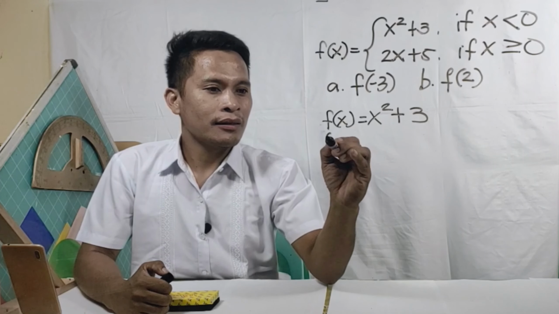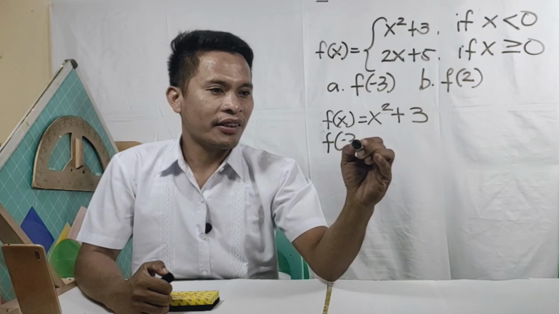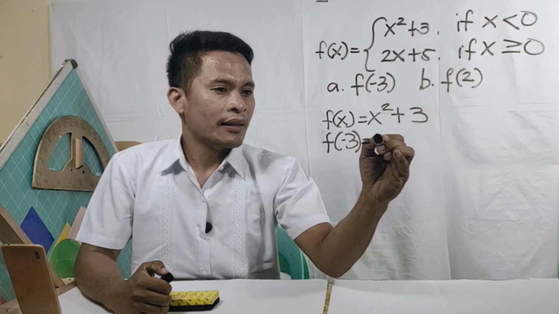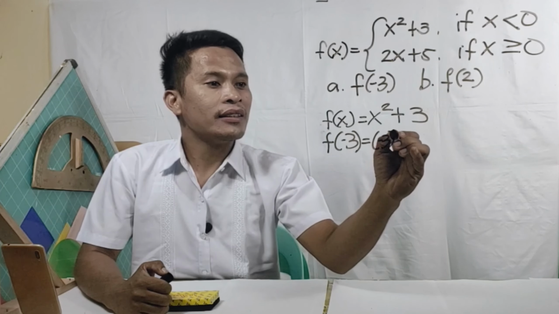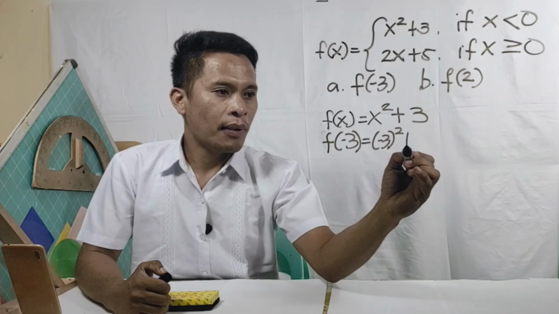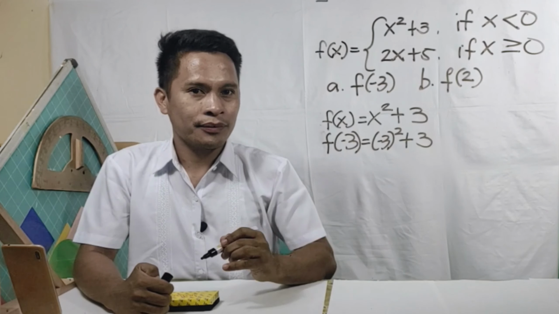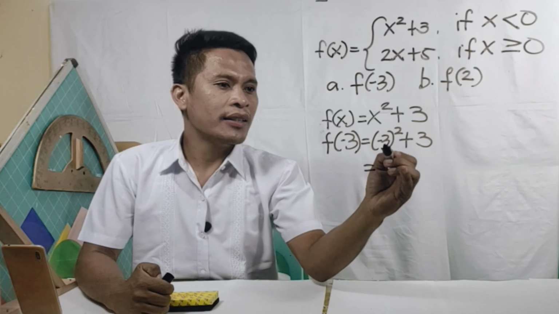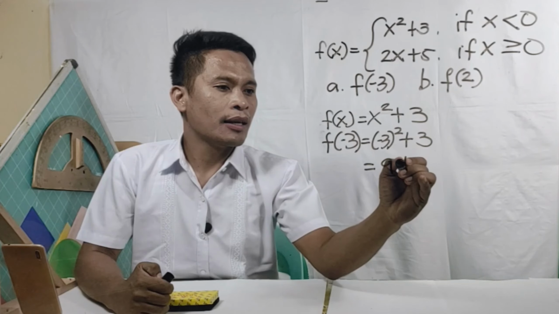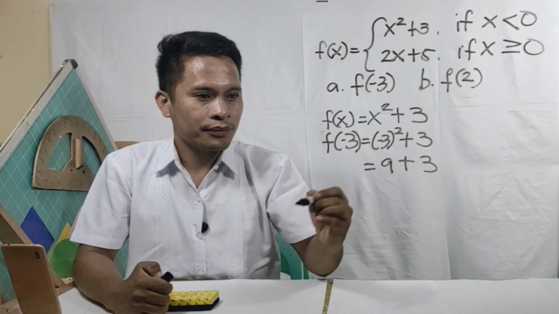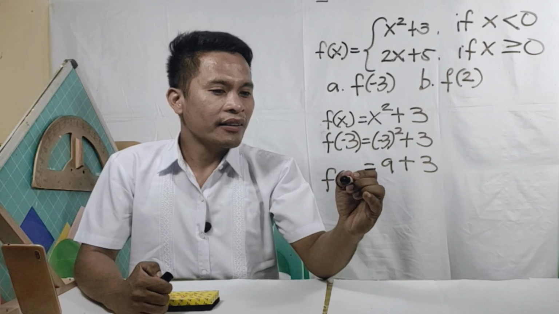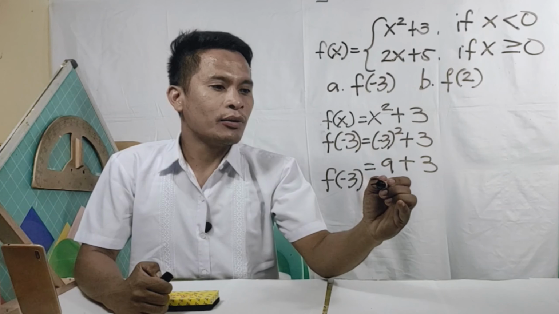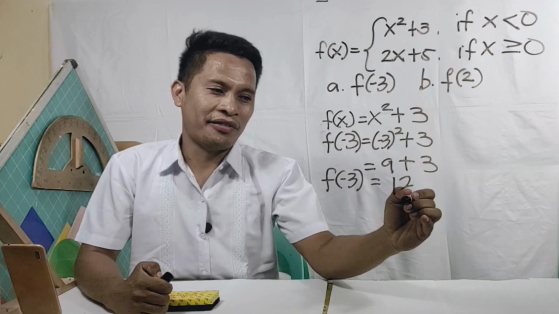Let x equal negative 3. Negative 3 squared plus 3. Negative 3 squared is 9, plus 3. F of negative 3 equals 12.